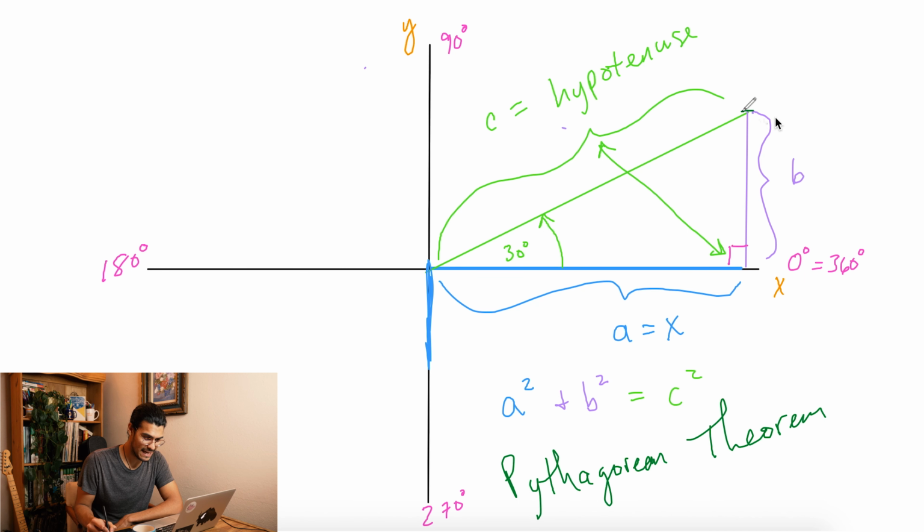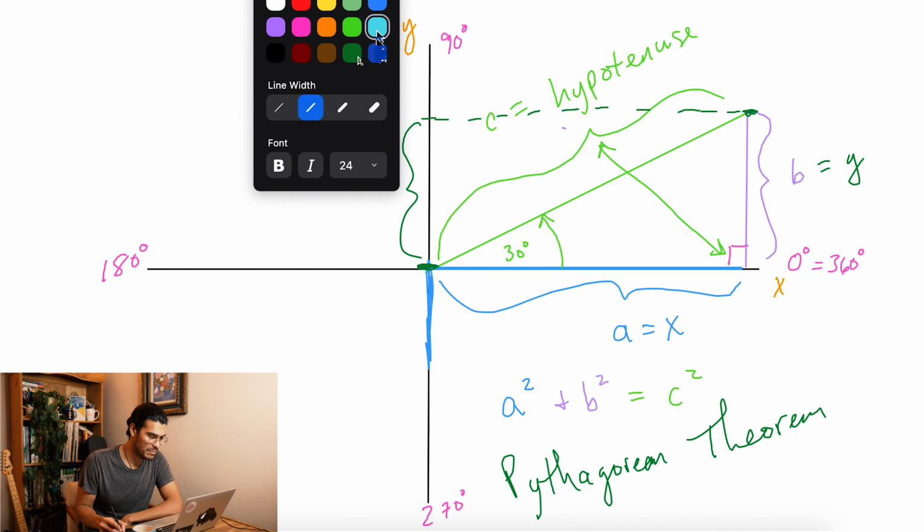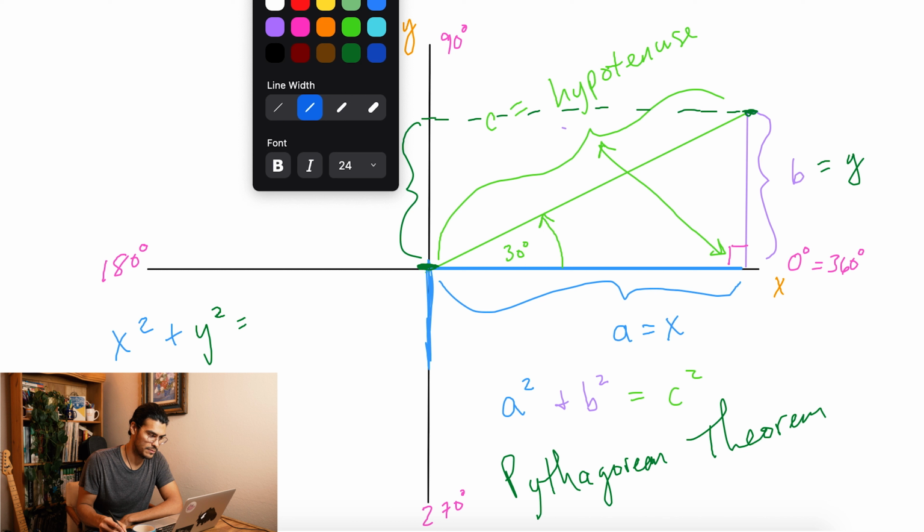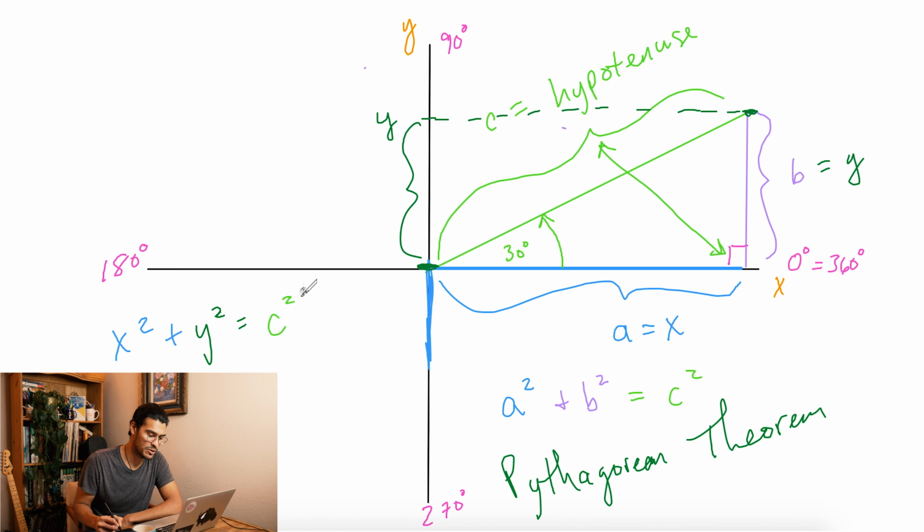This vertical side is the height that this side reaches to, or in other words, it's a y value. How far from the 0 of y are we when we're at the top of this thing? So we may call this y. Okay? Well, that means we have x squared plus y squared equals c squared. You may even see this called z squared. All it refers to is that it's the third side, the long side of your hypotenuse.